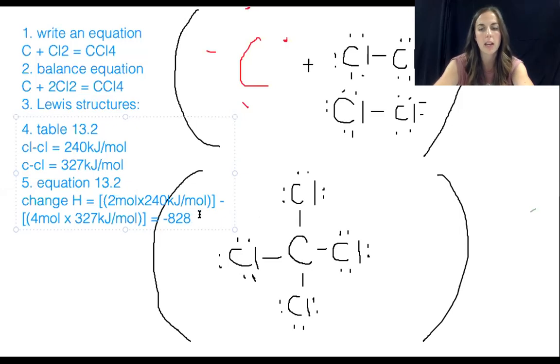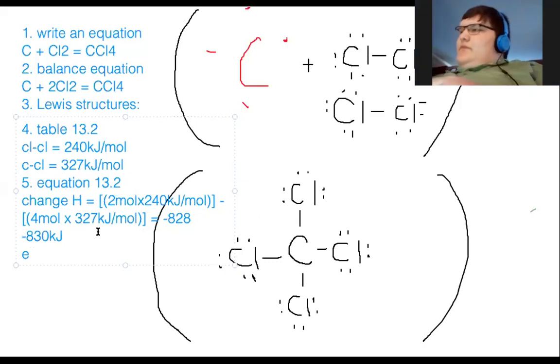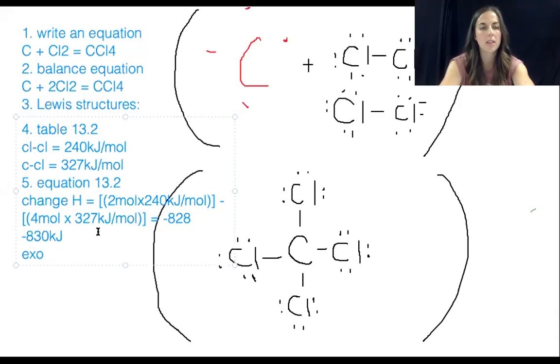So that's where you get the negative 830 kilojoules. Right. So if it's negative, that means it's endothermic or exothermic? Exothermic. Releasing heat, that's negative.